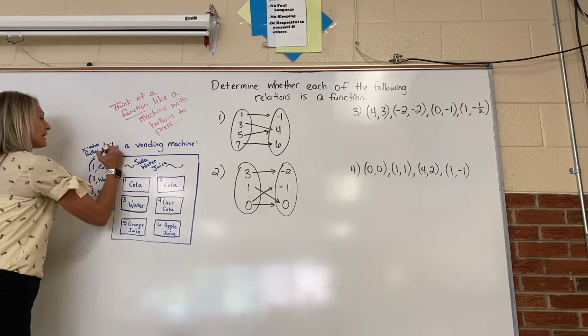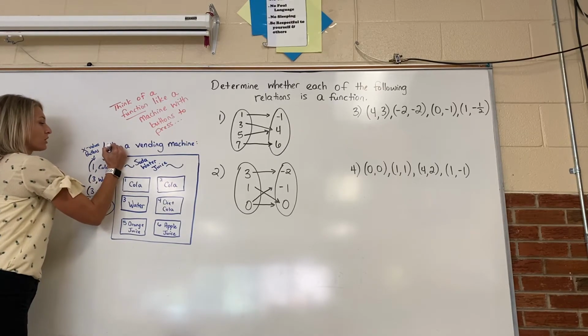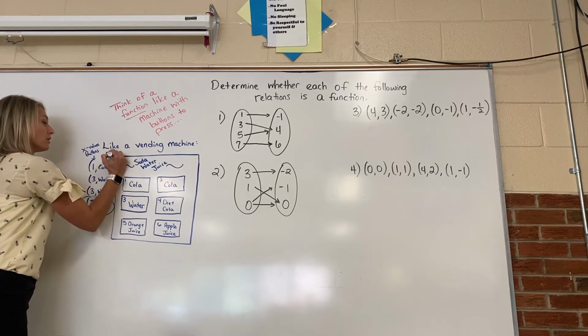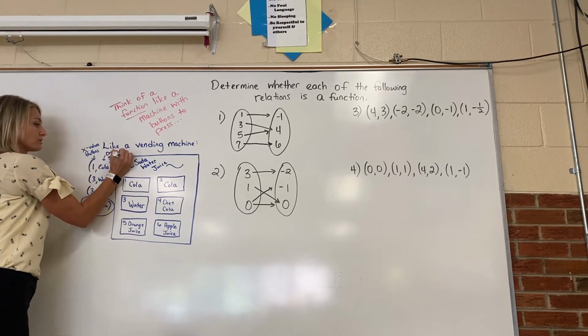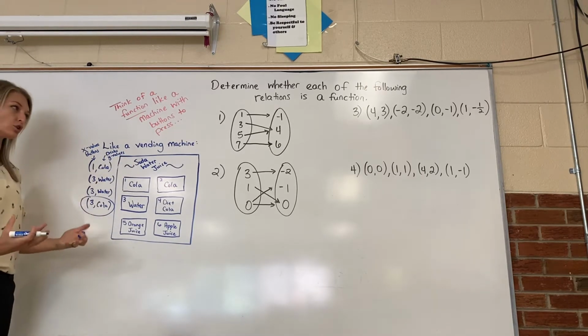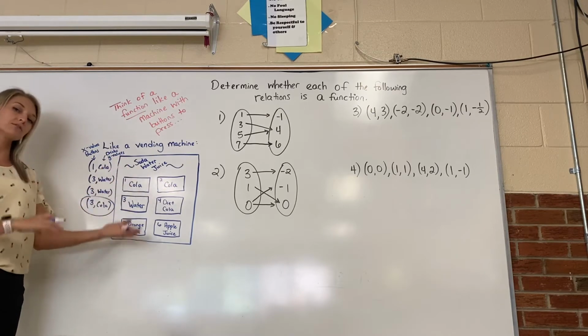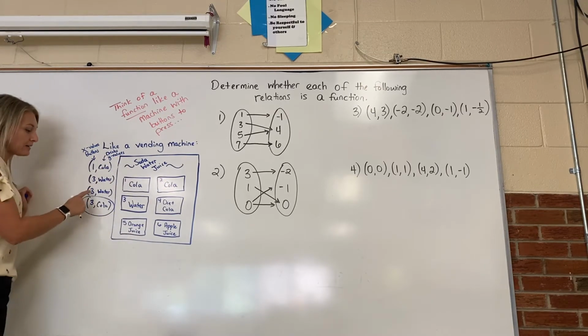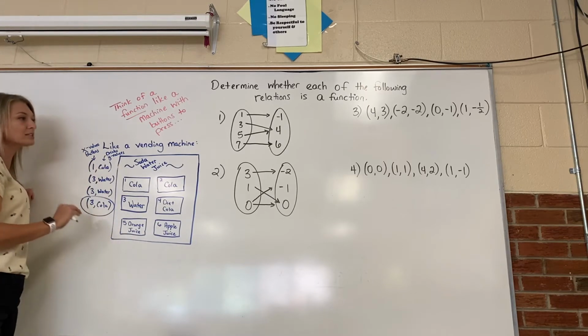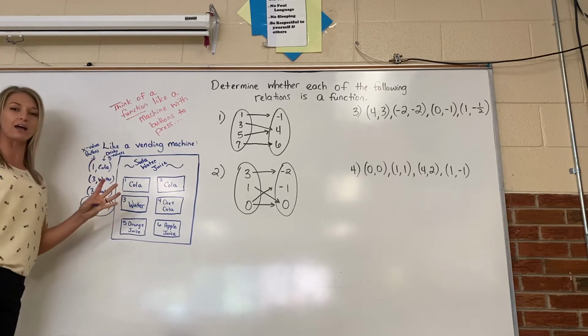So the drinks are what are called your outputs, what you get out of it. And these are your Y values, your outputs, all right? So the only reason you should be concerned with whether something's a function or not is if they have repeatedly pressed the same button, okay? That's going to be the thing that throws up that red flag, all right?